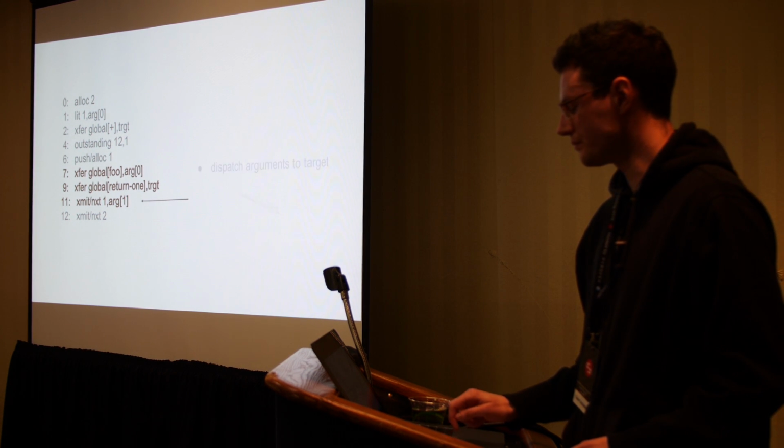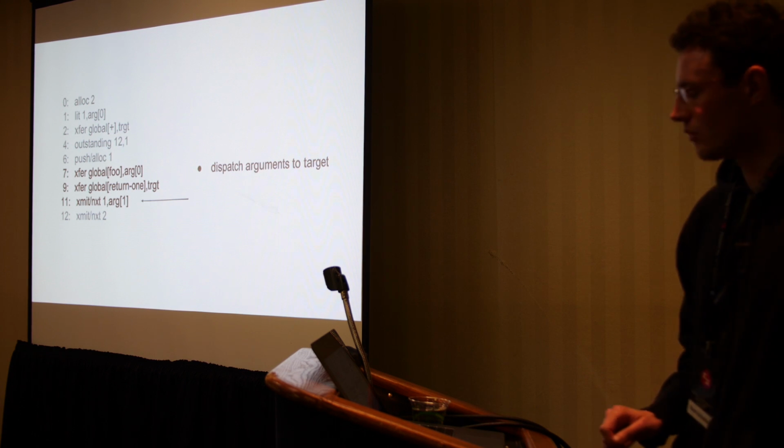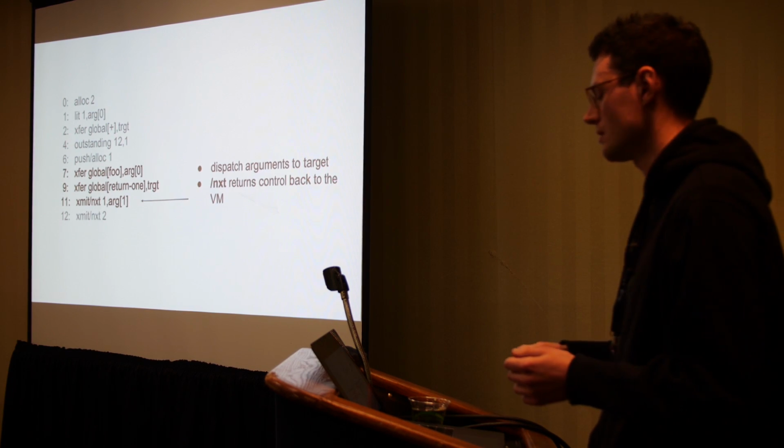And now what the XMIT opcode does, in general, is dispatch the arguments to the target. The next here means that after the dispatching, we will return control back to the VM. That means that the VM will then go back to the strand pool and get the next context.